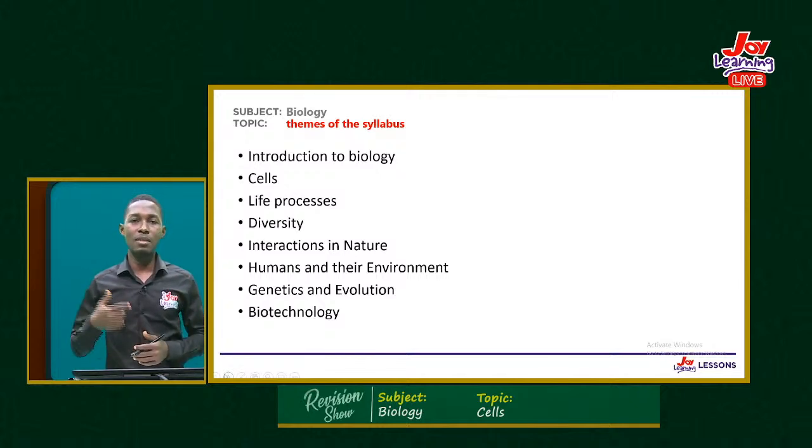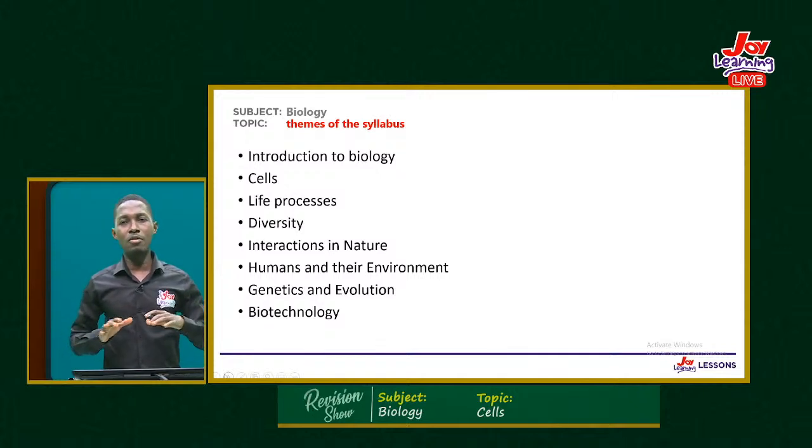So for cell, at your level, we'll do our best to make it simple. But for those going to write the exams, we'll show you the tricks of what we want to see when you're answering questions on cells.